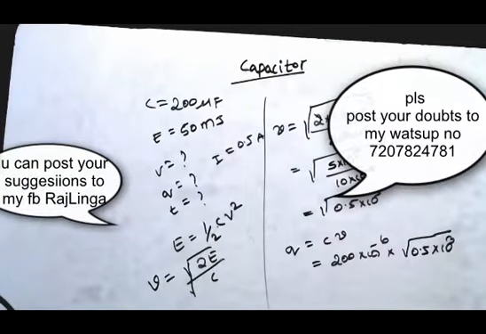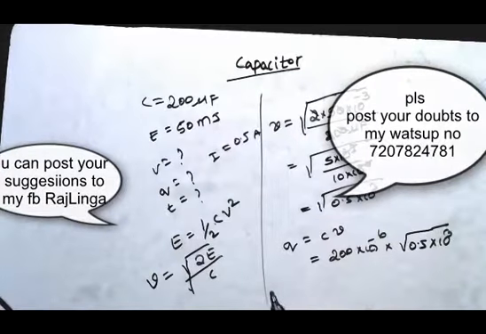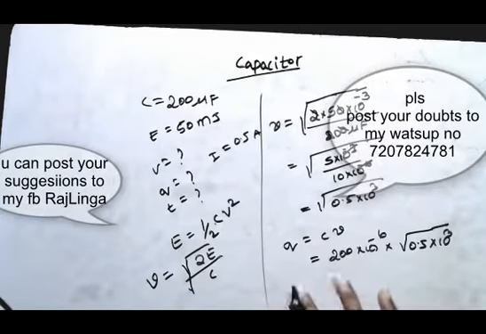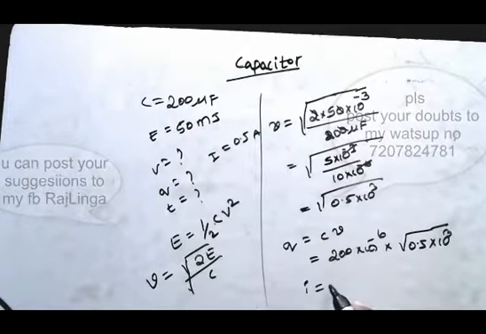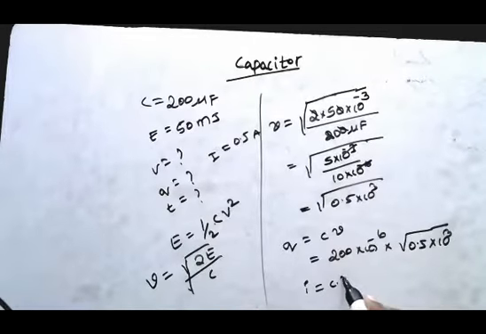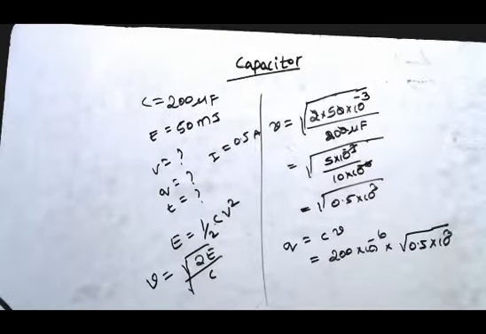Next, the time. Since the current is the same, I is equal to dq by dt.